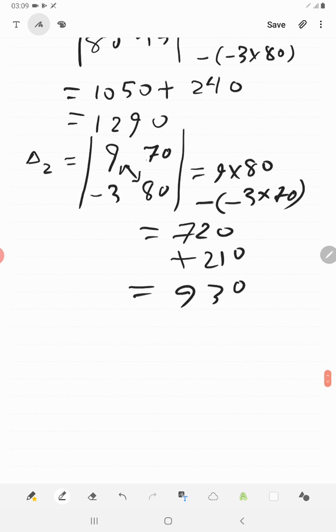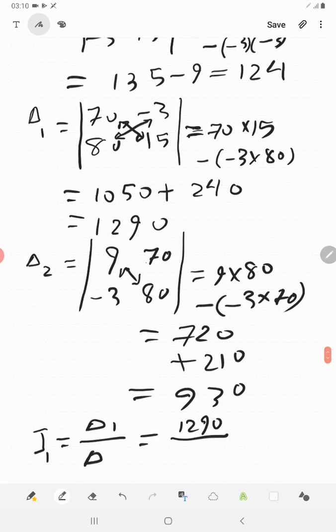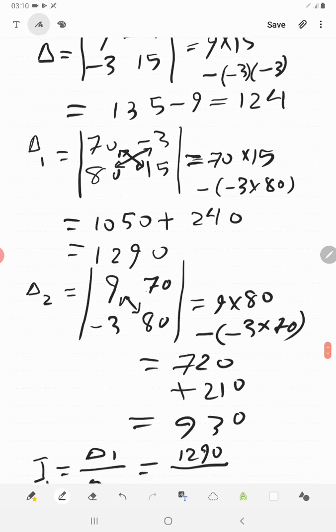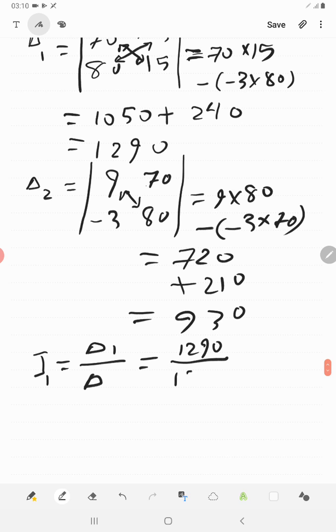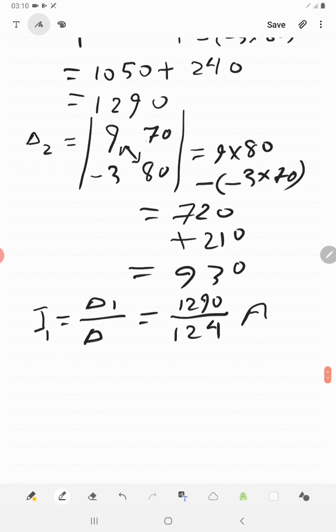Now we say simply I1 equals delta 1 divided by delta, so this will be 1290 divided by delta, in amperes.